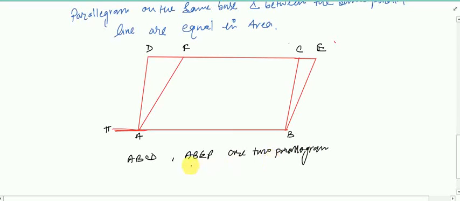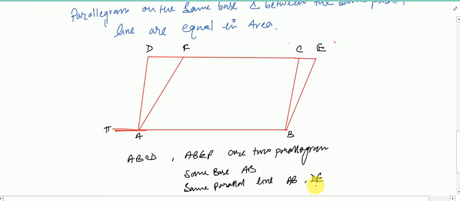On the same base, AB is the same base for those two parallelograms, and between the same parallel lines, and what is that? That is AB and DE, these two same parallel lines, and there are two parallelograms actually.